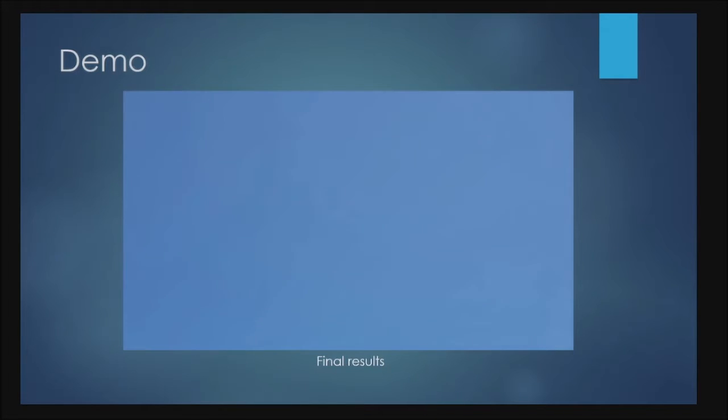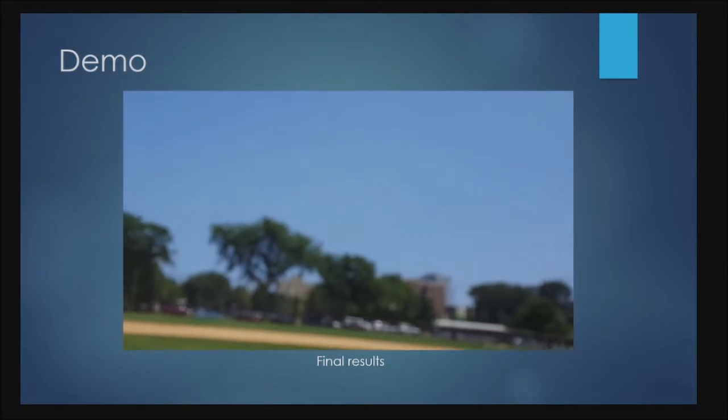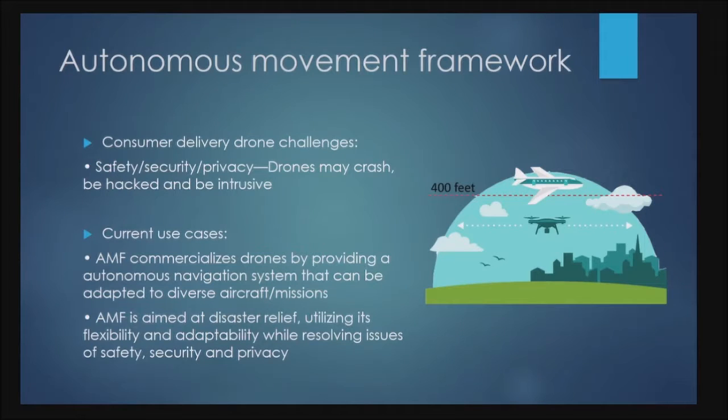So basically the idea is that we can launch multiple drones using the one antenna and make all this solution economically feasible. So, about the autonomous movement framework. Yeah. So apparently there are many challenges when it comes to making use of these drones. First of all, there are many regulations that don't allow the flying of drones in public areas.